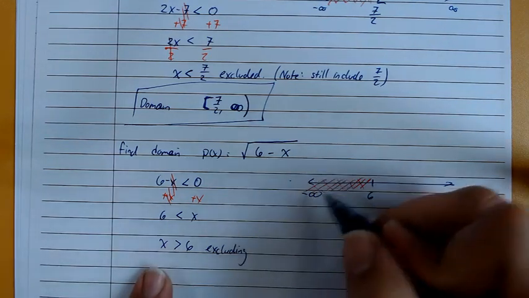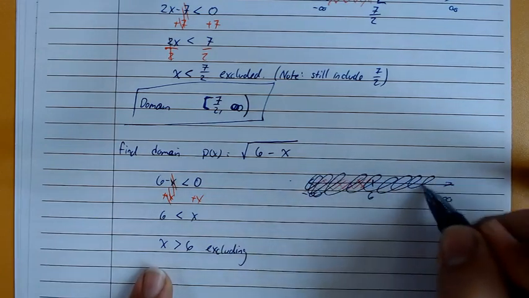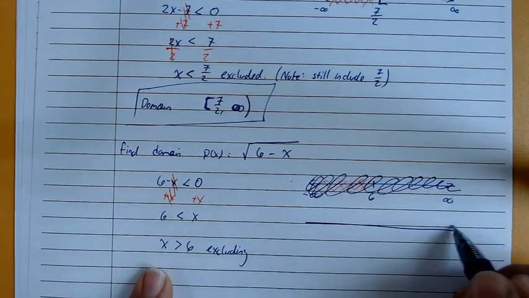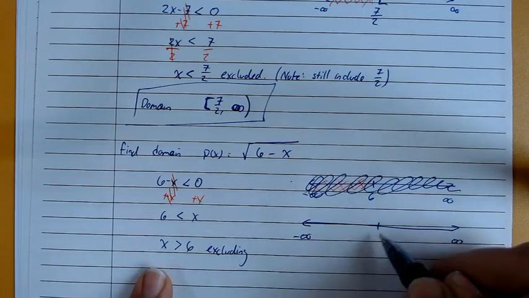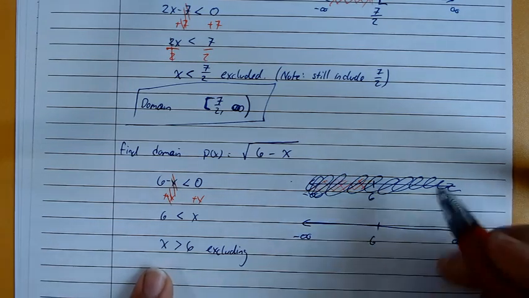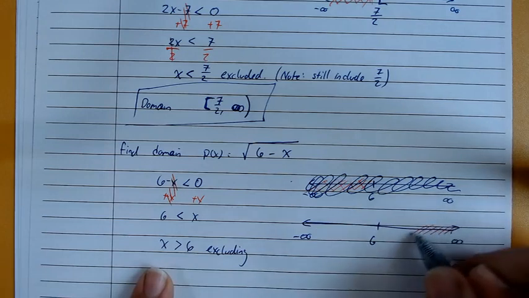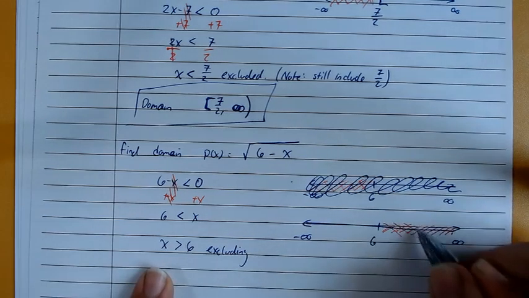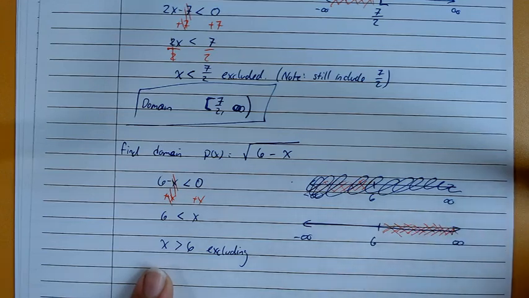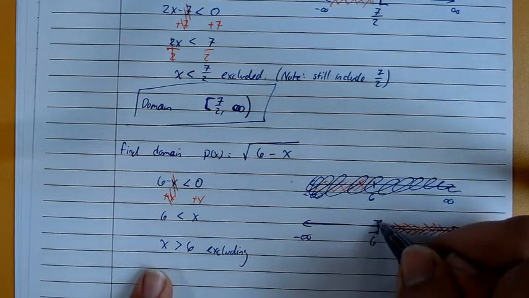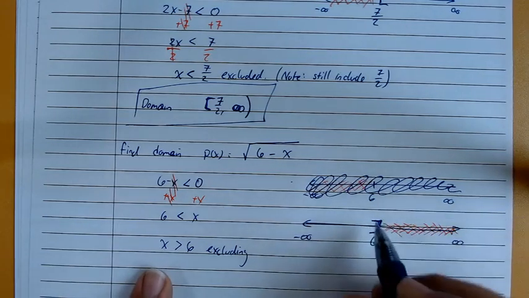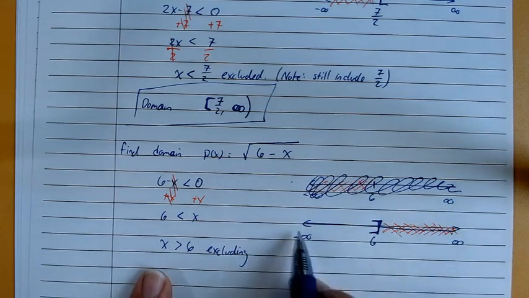So let me draw that again. We're excluding everything greater than 6. So all of this gets thrown away. Notice we're not throwing away the number 6. So 6 is still included in our answer. So we're going to use a square bracket there. Notice the bracket's facing this way now because our answers go this way.